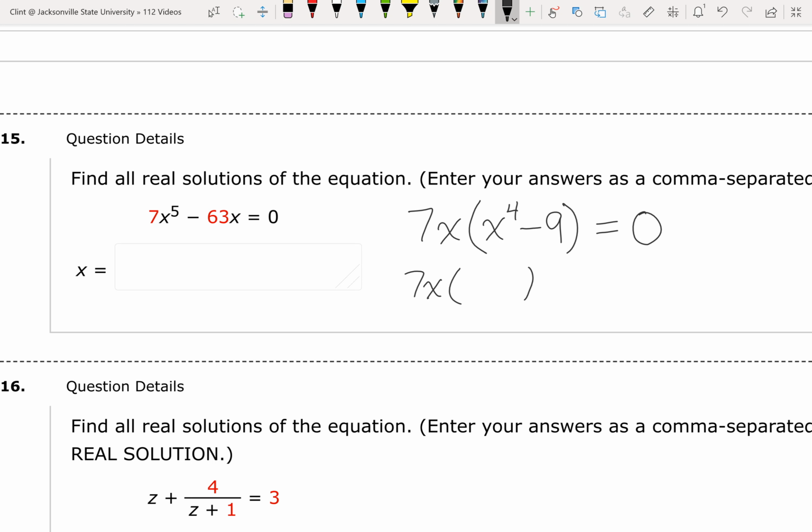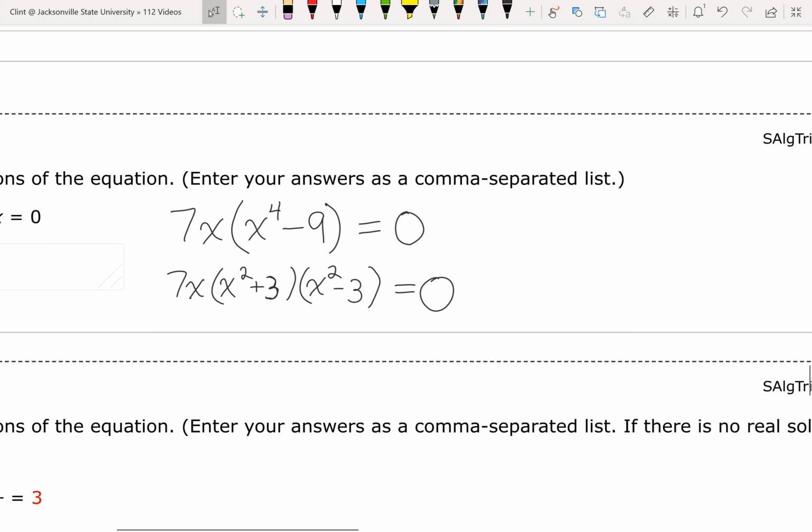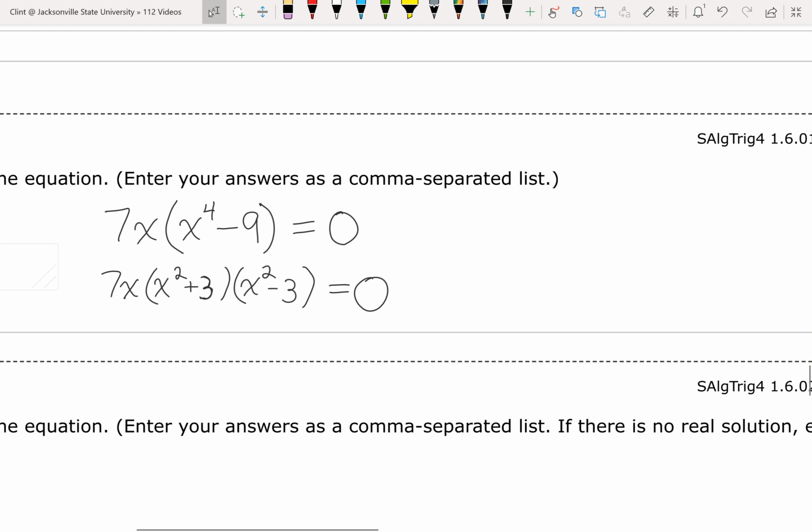So remember, our pattern for the difference of 2 squares is going to be (a plus b)(a minus b). Our a here is x squared. Our b, 3 times 3 is 9, so we've got plus 3 and minus 3. And then those are the factors we'll get. 3 is not a perfect square, so we can't factor that anymore.